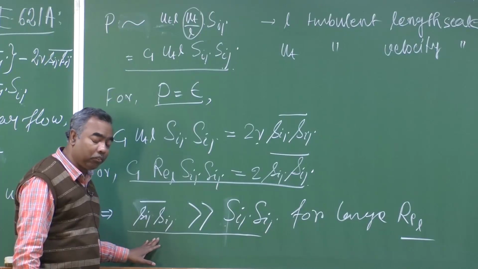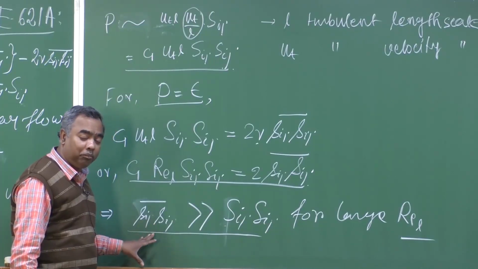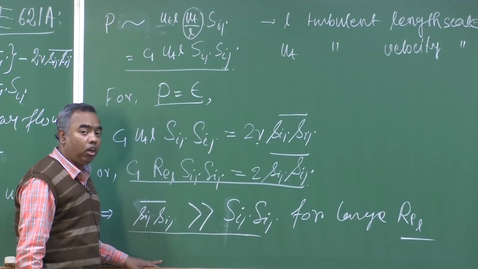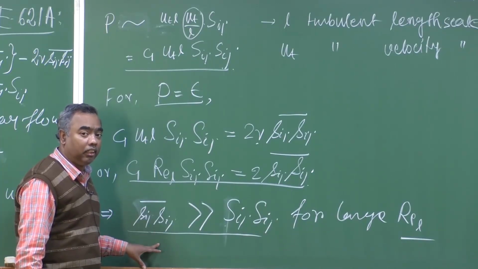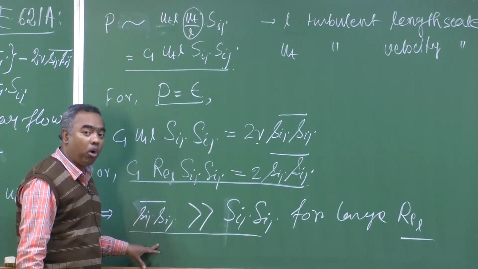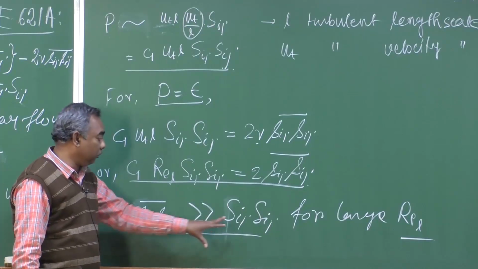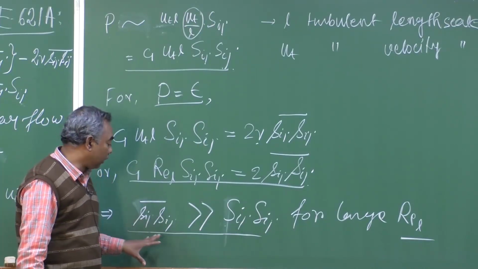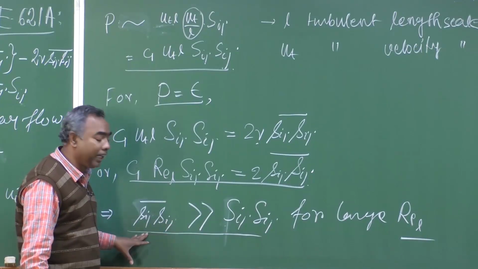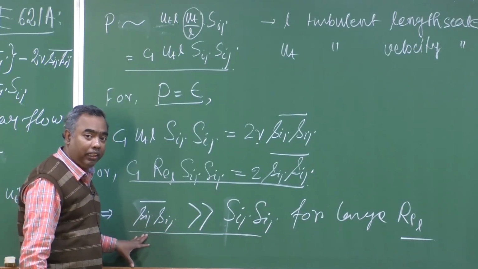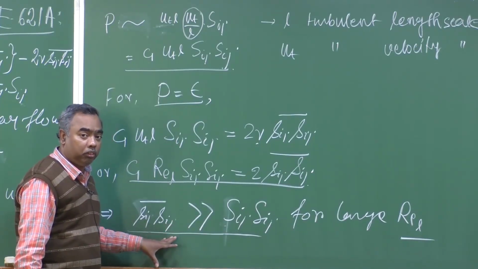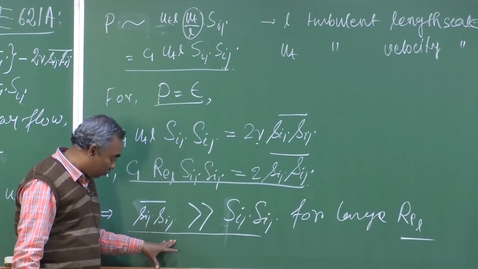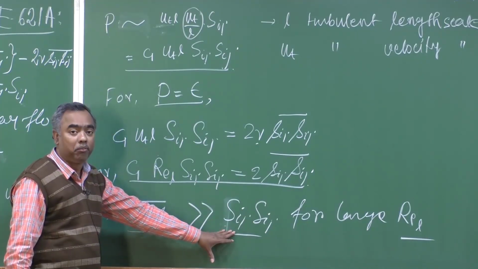This relation says the time scale of small Sij, the time scale of the fluctuating strain rate tensor, should be much smaller as compared to the mean flow time scale. So, the time scale of small scale fluctuation is much smaller as compared to the mean flow time scale.